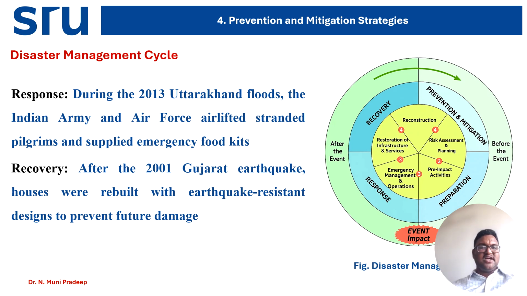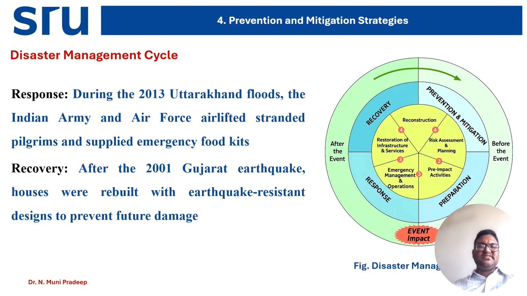The response operation that followed was of extraordinary scale and complexity. The Indian Army, the Indian Air Force, the Border Roads Organisation, NDRF, and the Uttarakhand State Disaster Management Team worked simultaneously round the clock across a vast inaccessible terrain.